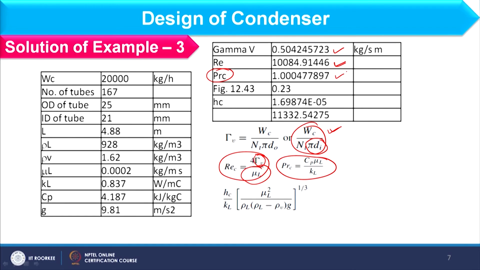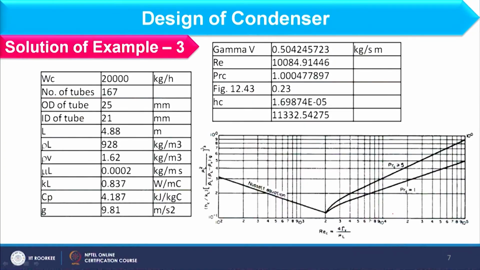The graph that I should consult is figure 12.43, as per Richardson and Coulson volume 6, 4th edition. So, let us see the value in the graph. Reynolds number is given as 1 into 10 to the power 4, so this is the value. Prandtl number is given as 1. So, you can find the value of this factor somewhere here, and the value should come as 0.23.